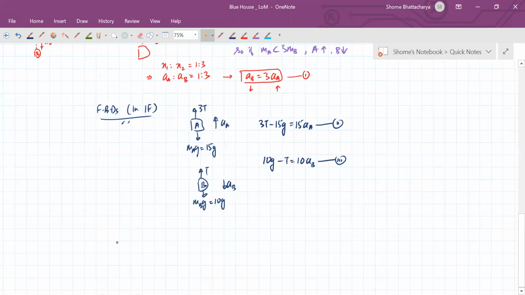Now to solve them, I can do like this. Divide this whole equation by 3.